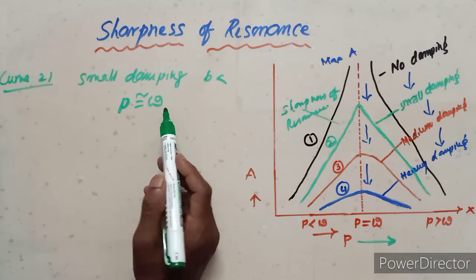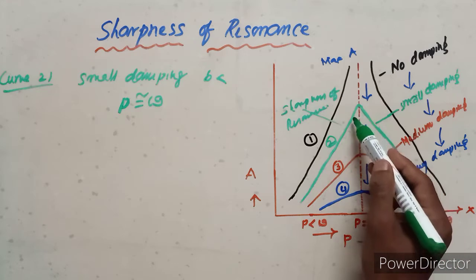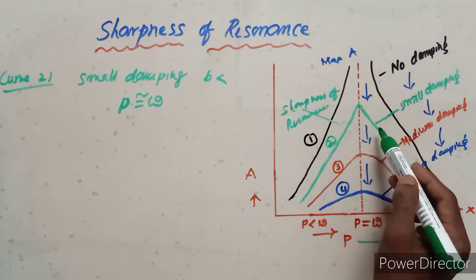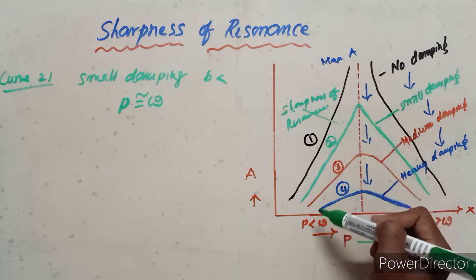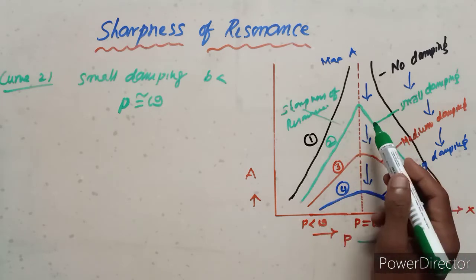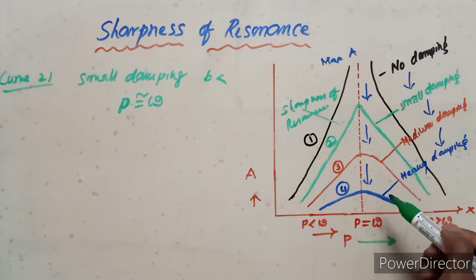In this case of small damping, the amplitude starts to fall slowly, and for a small change in frequency from the resonant value, the resonance is called sharp.